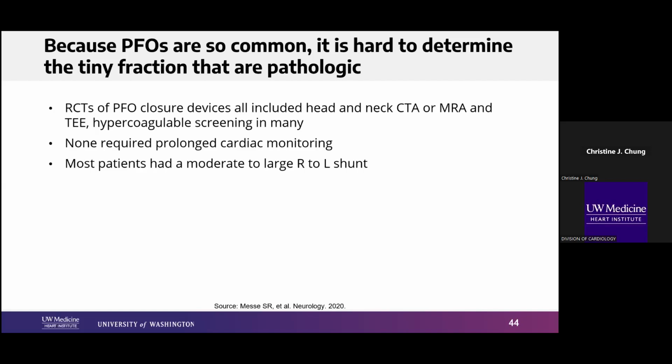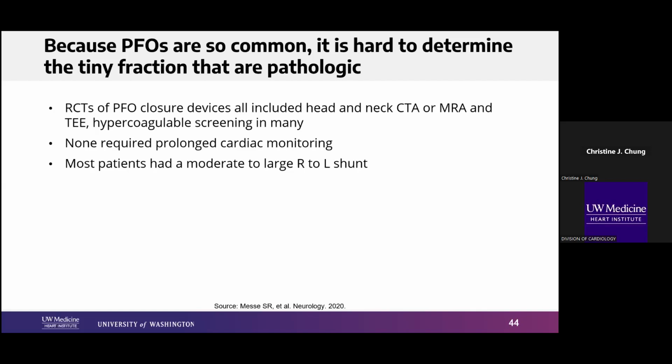All of these patients had a transesophageal echo in addition to TTE to understand the anatomy of their PFOs. And so to a variable extent, these trials really primarily included patients that had either atrial septal aneurysm or a larger shunt.